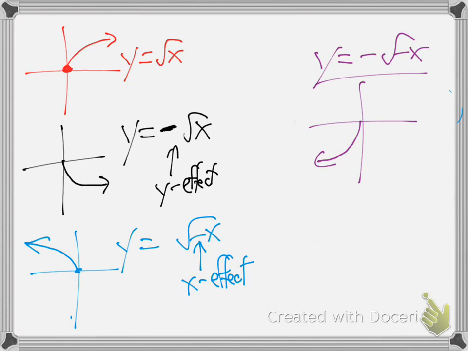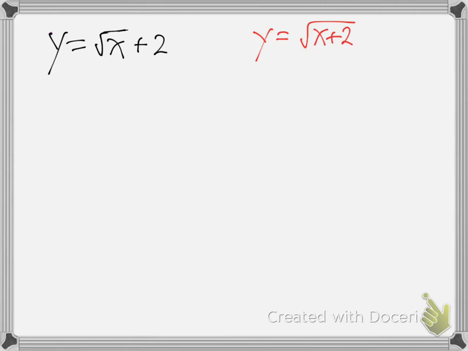Okay, if you got that down, I'm going to go to a fresh screen. Now, that's part of the story. Let's go back to y equals square root of x again. Now let's talk about numbers added and subtracted. Let's talk about adding 2 outside the root, versus adding 2 inside the root. See the difference now? In the black one, the 2 is outside of the root.